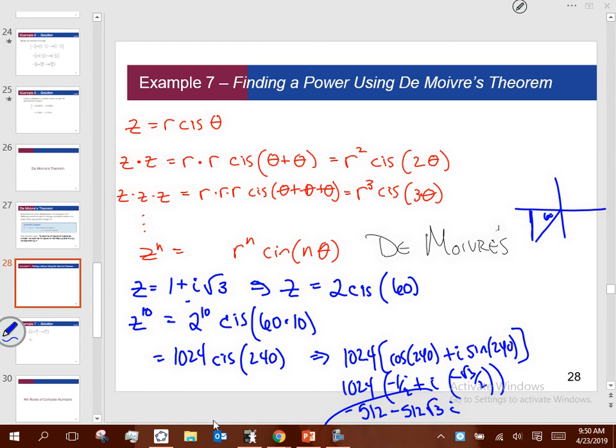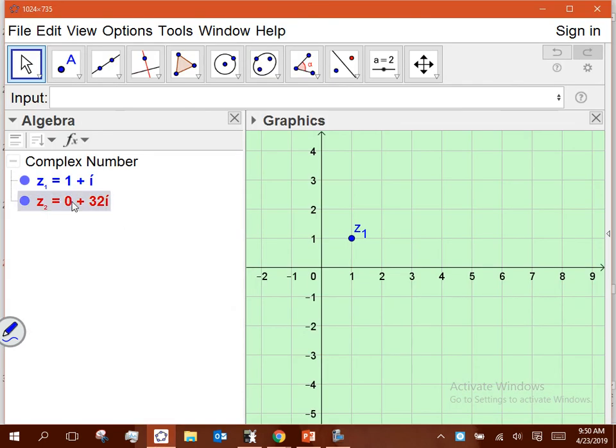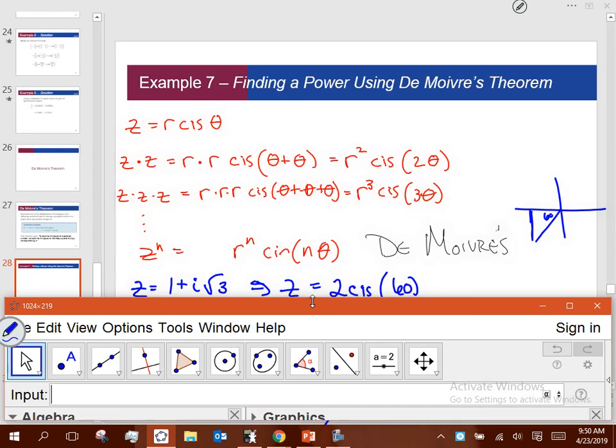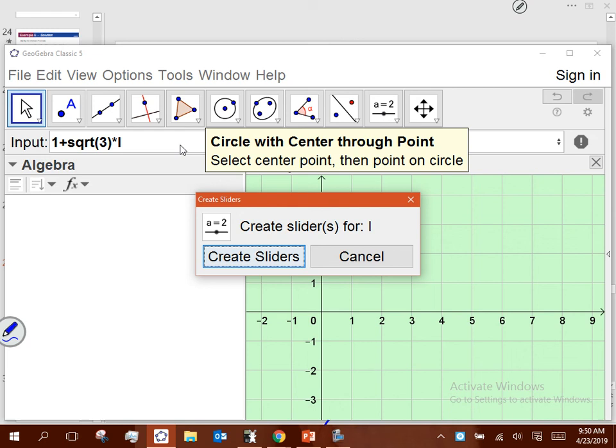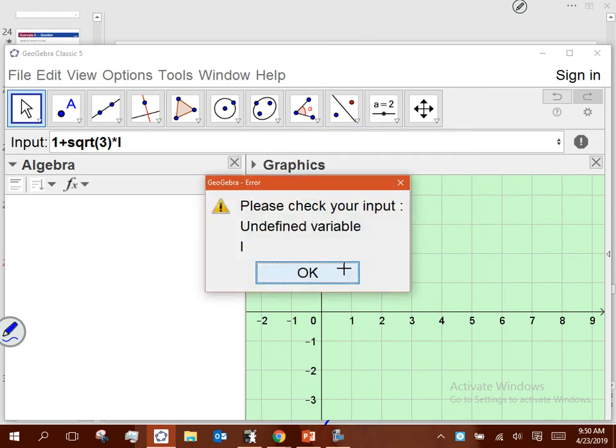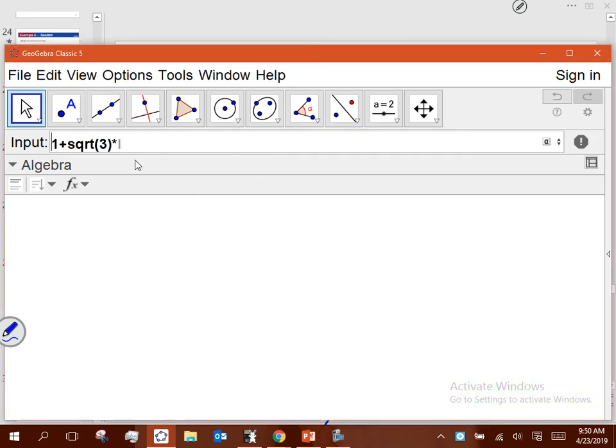Okay. So let's see. GeoGebra does a really good job of this. If we had, what would we say Z was? 1 plus square root of 3 times i. Oh, caps lock is on. Times i.